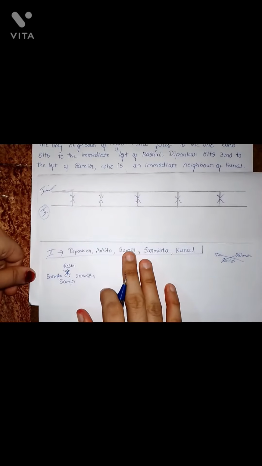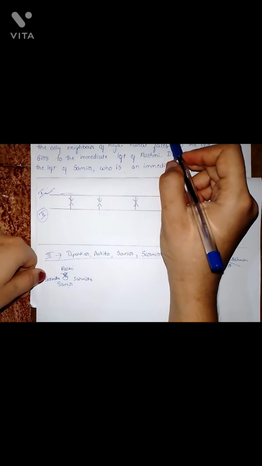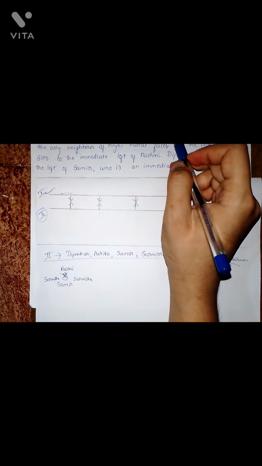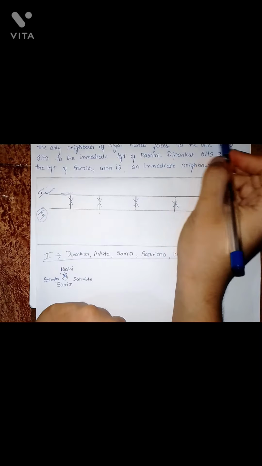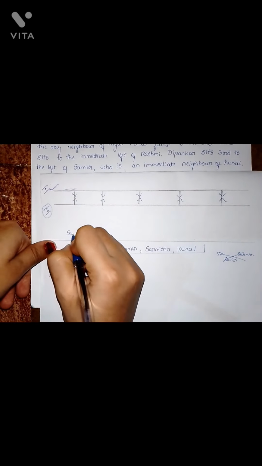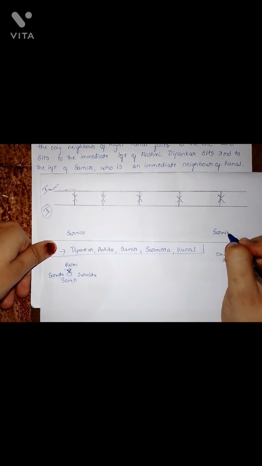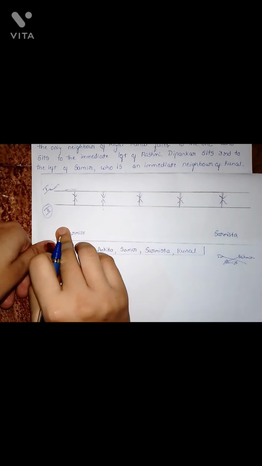So next, here you have to consider one of the important things, that is, the only neighbor of Sharmishta. Samir is the only neighbor of Sharmishta means Sharmishta will come at the end of the row, either this end or this end, we don't know.